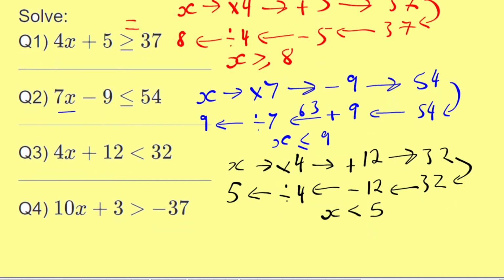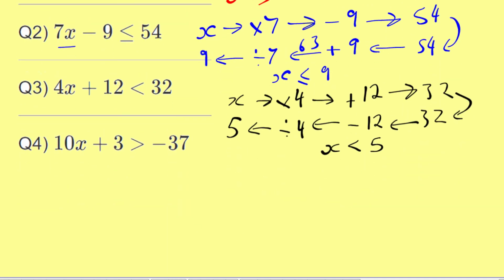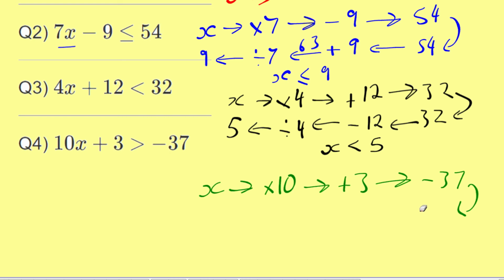Right, the last one, we've got x, and we're timesing by 10 first. That's where 10x comes from. We're adding 3, and that's going to give us negative 37. Okay, in reverse, we're going to do negative 37. We're going to subtract 3.